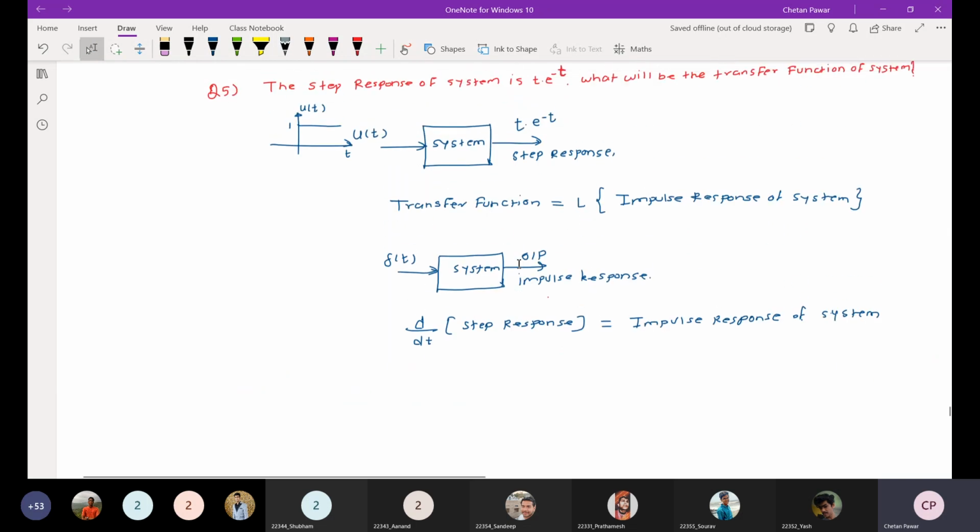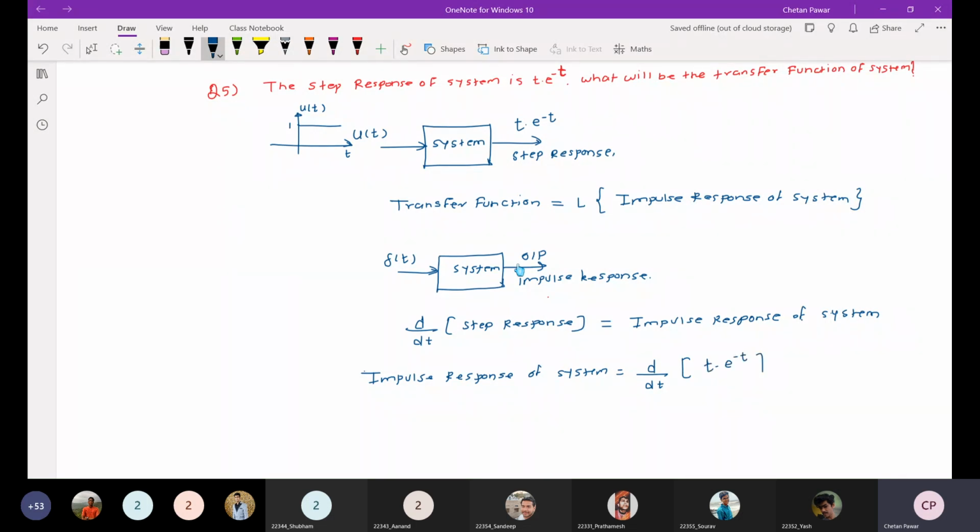Okay. So here step response is t into e raised to minus t. So impulse response will be d by dt of t into e raised to minus t.